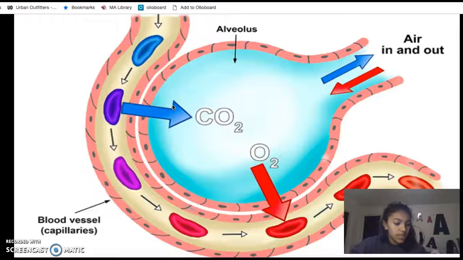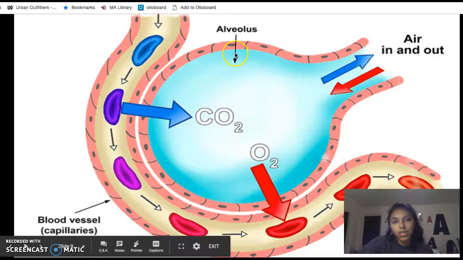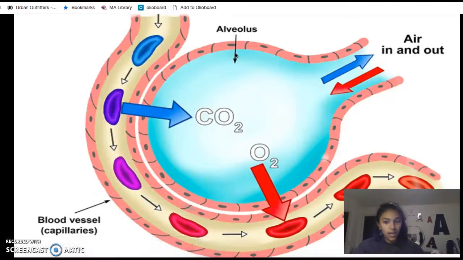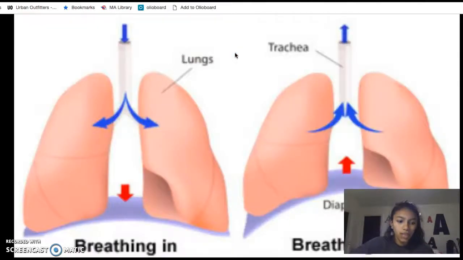The CO2 then wants to move down the concentration gradient from capillaries to alveolus. So as you can see, it's moving down and into the alveolus as well.